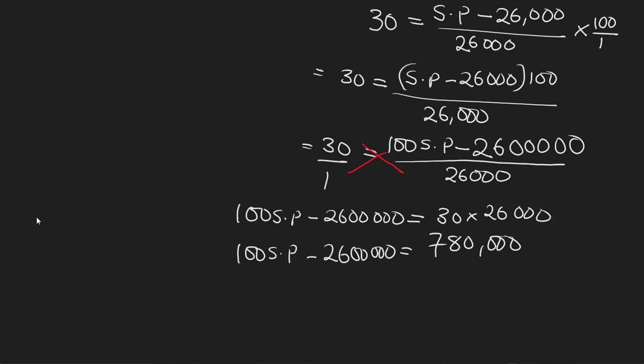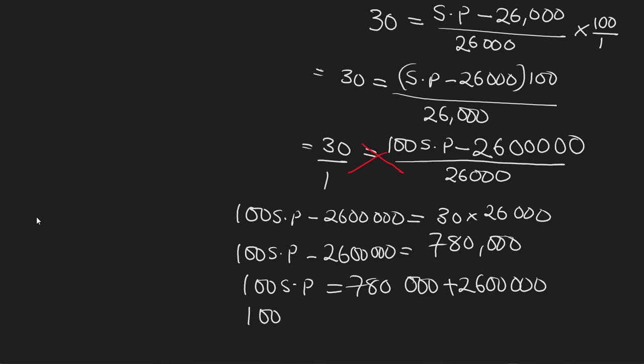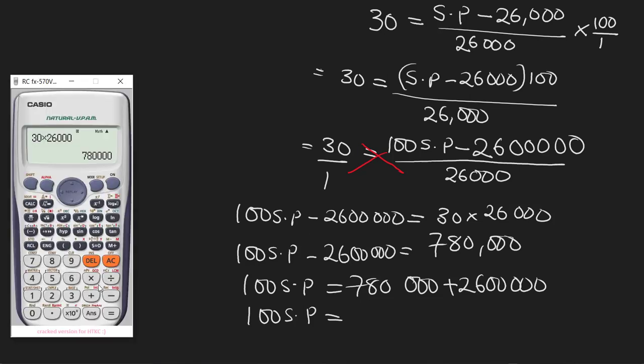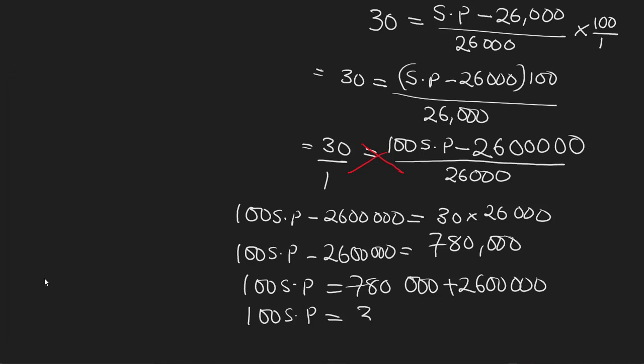So we're going to have 100 SP is equal to 780,000 plus 2,600,000. Let's add this: 780,000 plus 2,600,000 is equal to 3,380,000.